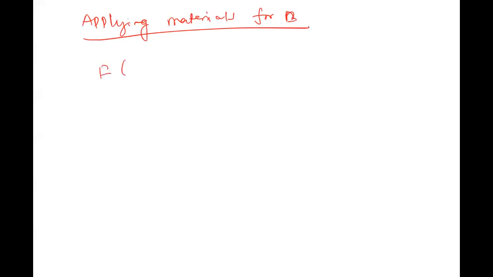So we'll get F into 1 minus XF equal to D into 1 minus XD plus W into 1 minus XW.